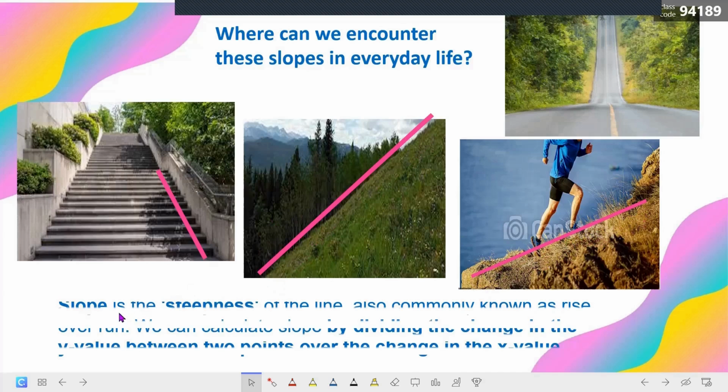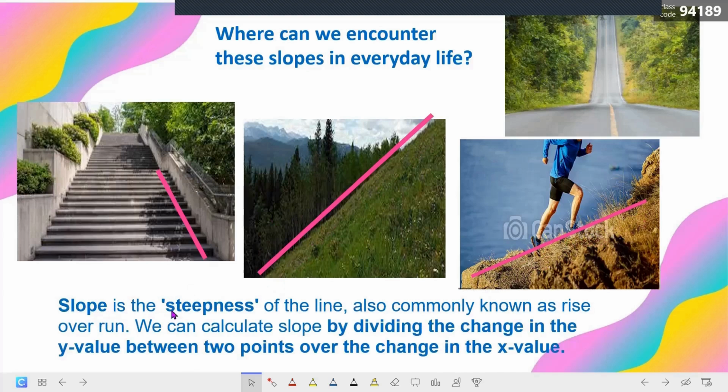So how do we define slope? Slope is the steepness of the line. It is also commonly known as rise over run. We can calculate slope by dividing the change in the y value between 2 points over the change in the x value. We normally represent these sloping figures using straight lines, and that's when linear equations in two variables come in.